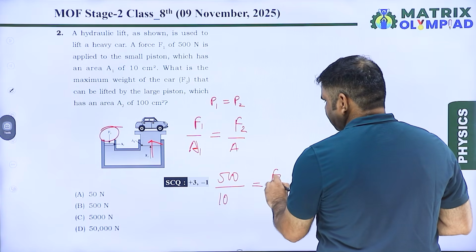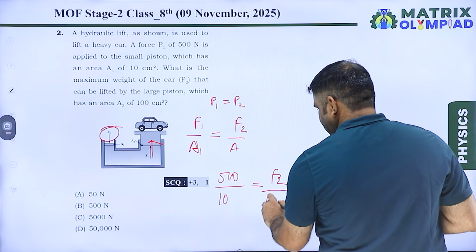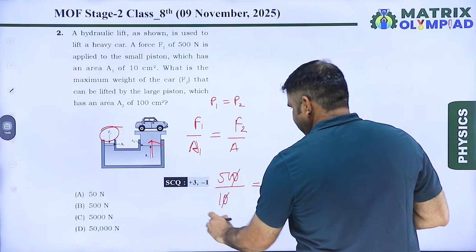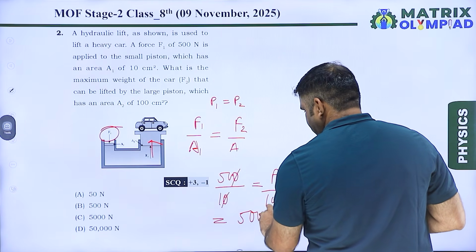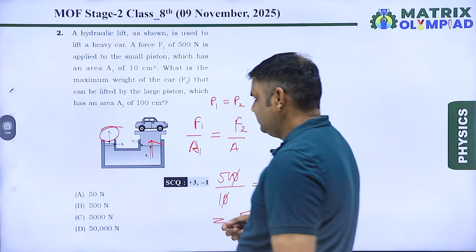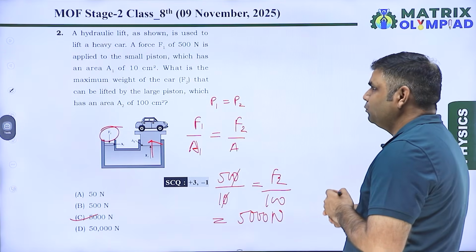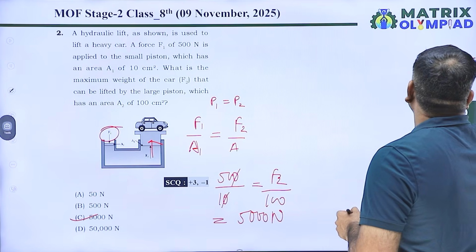We have to find F2 and A2 is 100. So cancel, 50 multiply 100, that is 5000 will be the correct answer. So option number C will be the correct answer for question number 2. Move to the next question, that is question number 3.